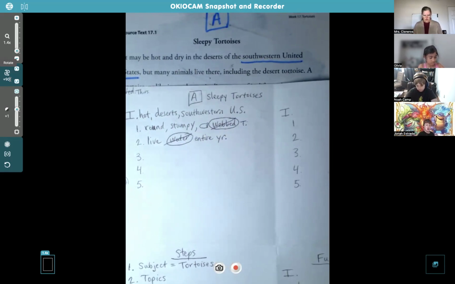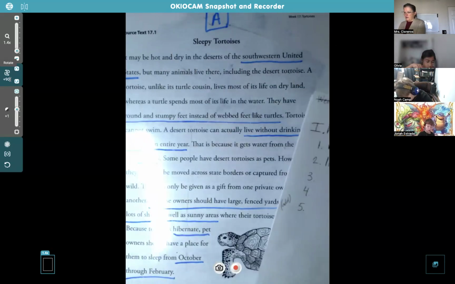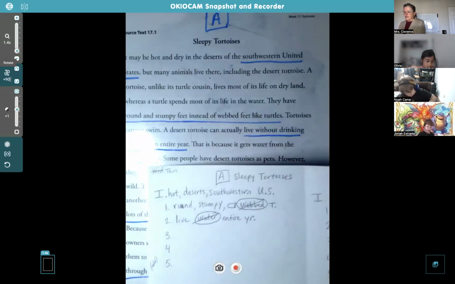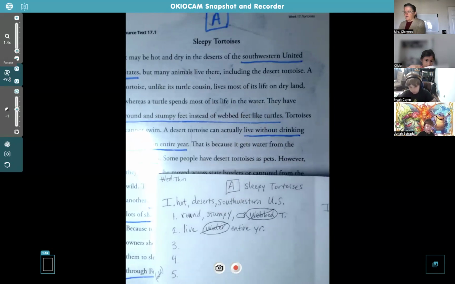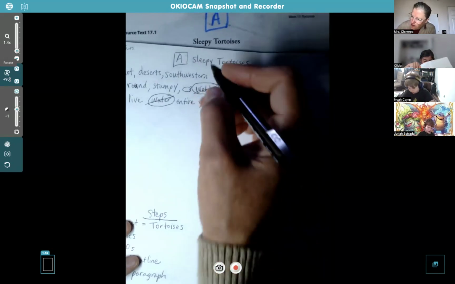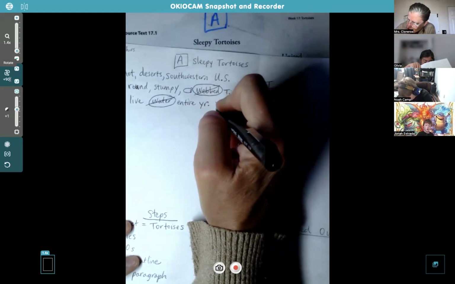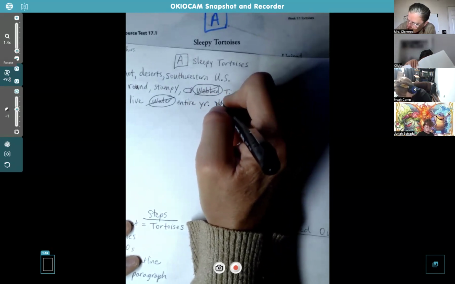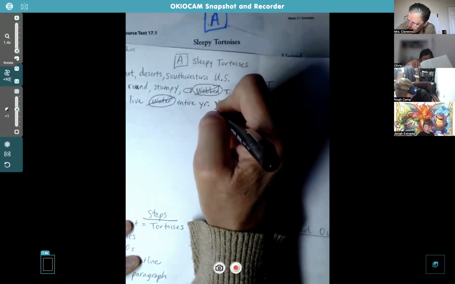Okay, so now you can keep going ahead of me if you have other facts you want to put down. My next fact is, oh, and it says because it gets its water from the plants it eats. So I might just draw like a little plant here next to it because that's how they get their water. So that's going to be a plant right here.